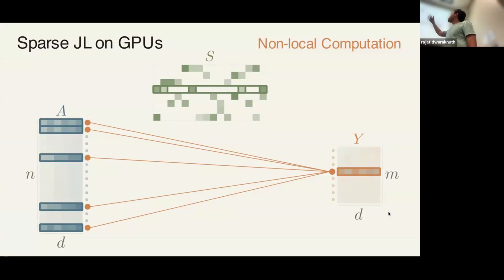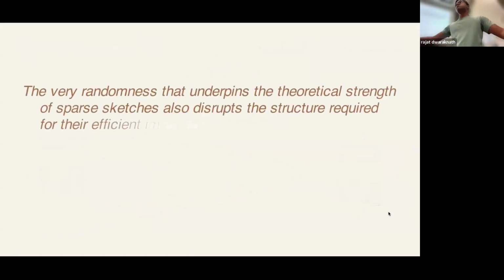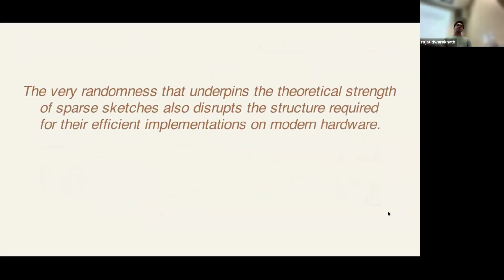It's non-local because these non-zero locations are random, right? And why are they random? Well, we chose them to be random so that our sketch could be good, right? But the very thing that makes the sketch good hurts what the GPU wants. The GPU wants computation to be local, right? This is like a math versus machine scenario.